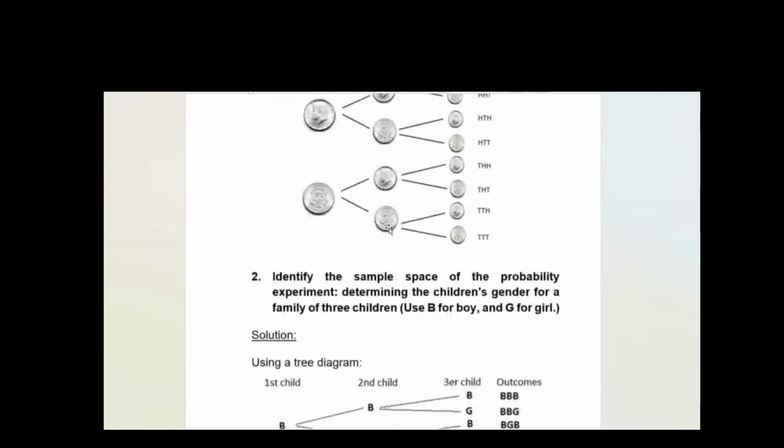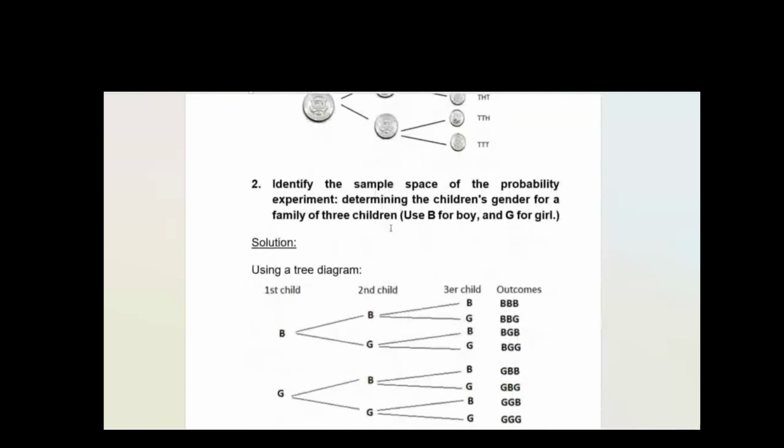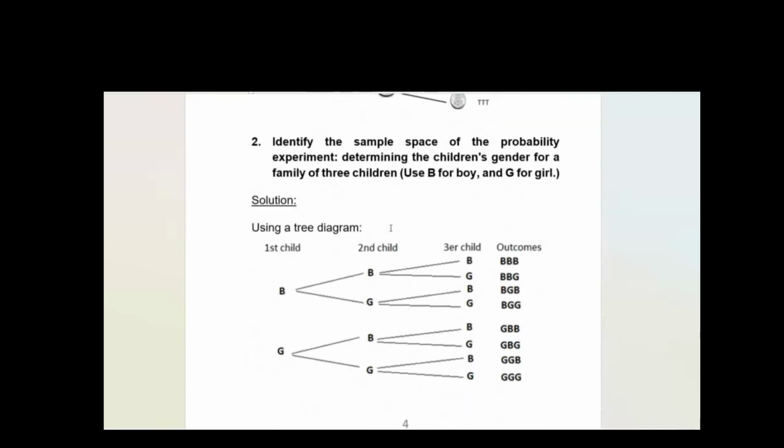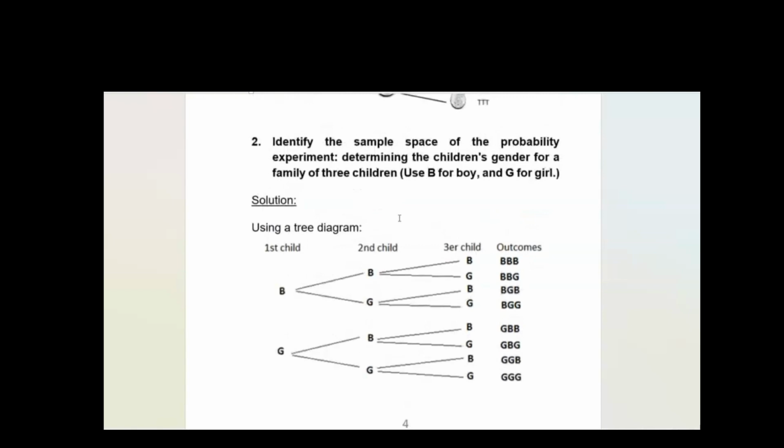Now, we can also do this to identify the sample space of the probability experiment of determining the children's gender for a family of 3 children. We're going to use boy or girl. It's pretty similar to the previous example, because your first child can be either boy or girl. When you have your second child, there are 2 possible outcomes for the sex of this child, boy or girl.